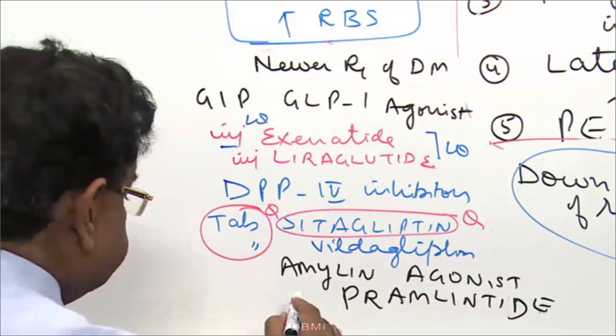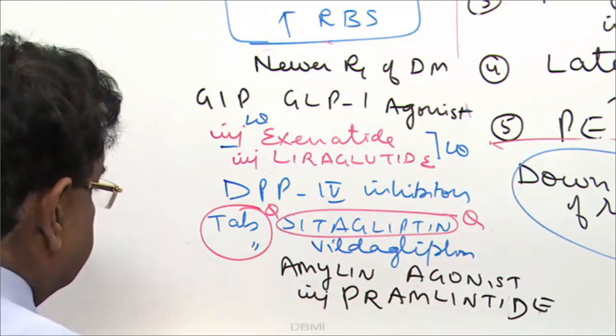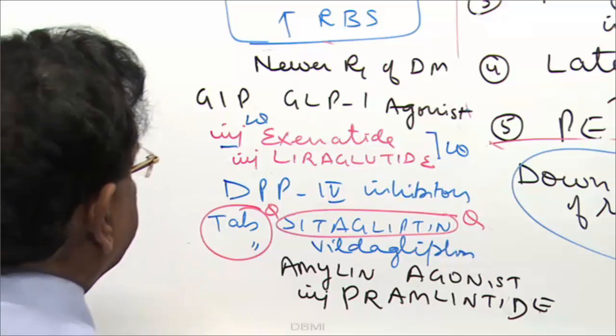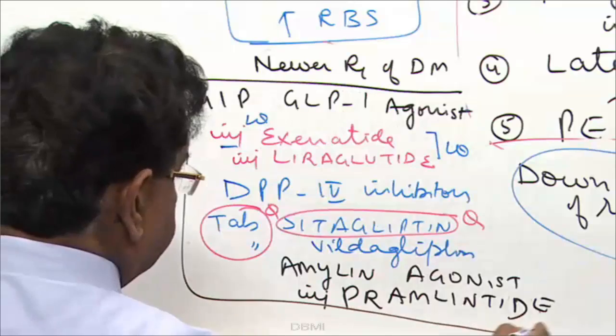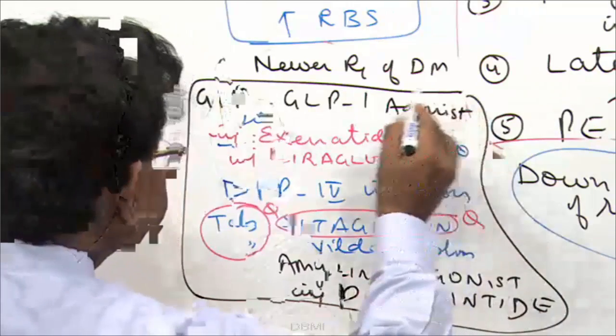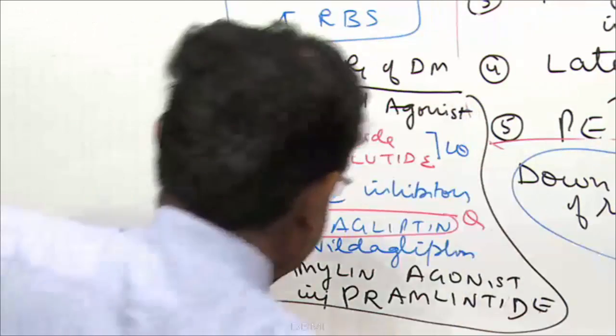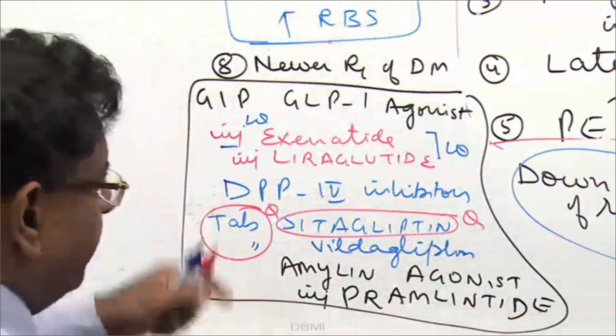This is again an injection. Got it? Now first you make box number 8. This is very, very important.